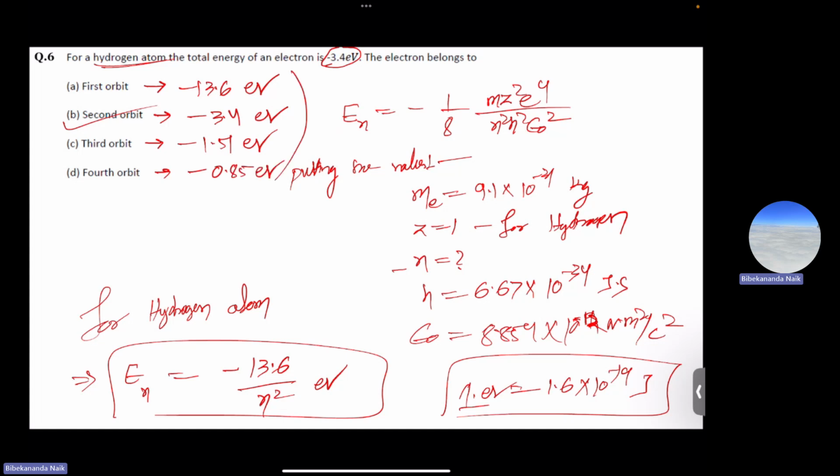So the correct option will be option B, and the electron having energy minus 3.4 electron volt belongs to the second orbit of hydrogen atom.